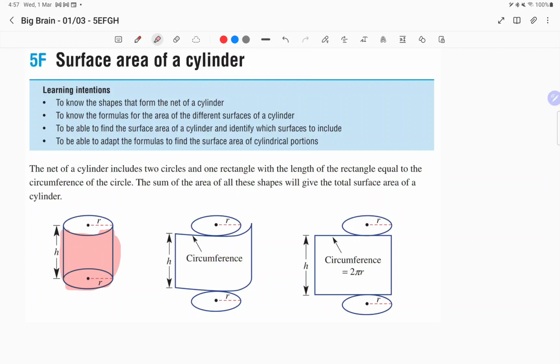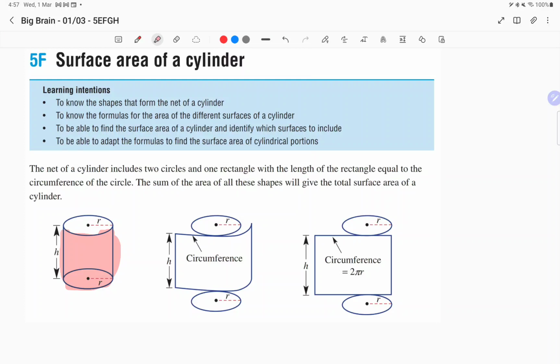And the easiest way to imagine it is to have a look at this. Imagine the top and bottom is filled, right? So you see how the line around the top there is the circumference of the circle, and the area of the top is the area of the circle.